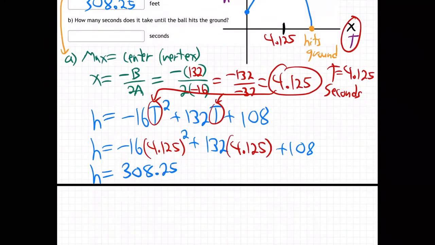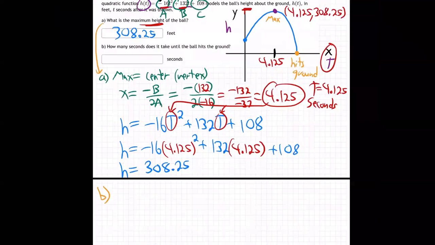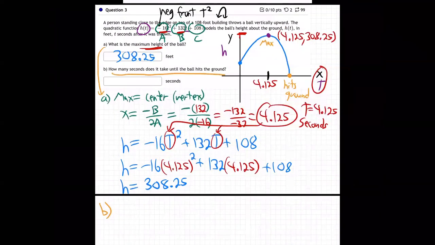Now, the second part of the question, part B. They want us to find how many seconds it takes until the ball hits the ground. It hits the ground right here, as we can see. What do we know about the moment the ball hits the ground? How high is the ball right when it hits the ground? Well, 0. It's on the ground. Exactly.